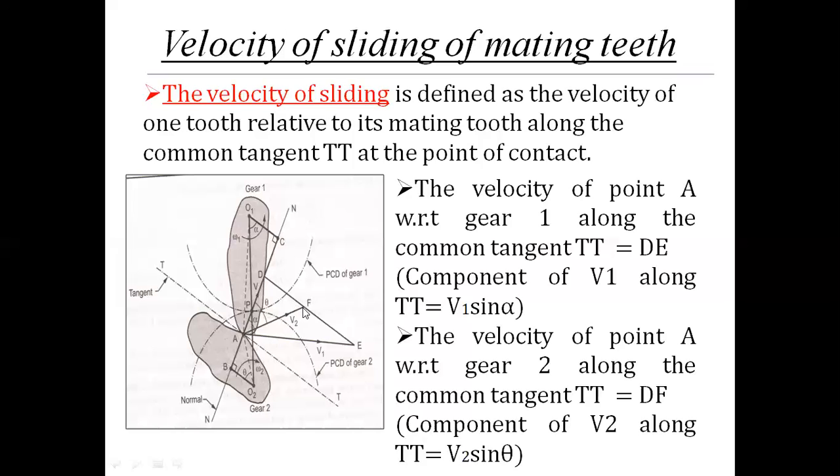So DF becomes V2 sine theta. So the velocity of point A with respect to gear 2 along the common tangent line TT, parallel to TT, is DF. So DF is equal to V2 sine theta.